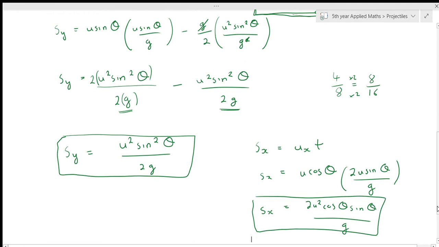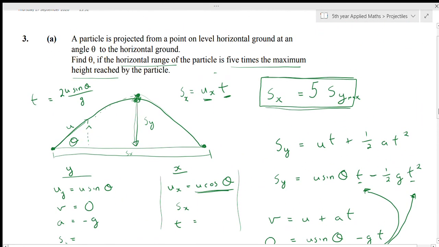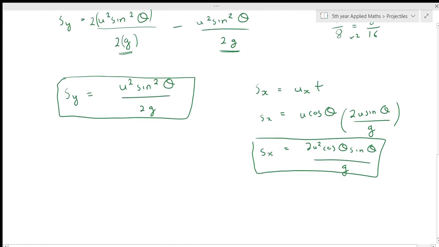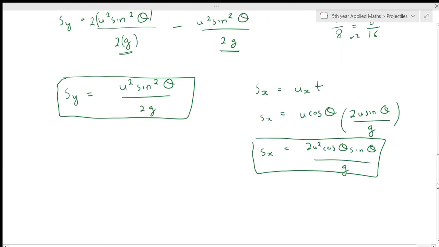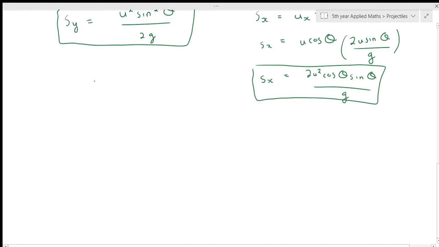Now remember right at the start I was saying about that equation that we formed right at the start? This is what we're going to use now to finish off this question. We're going to put our expression for Sx equal to 5 times the expression for Sy. And hopefully things will cancel down and allow us to solve for theta. So let's just write that out again there. So we have Sx equals 5 times Sy.